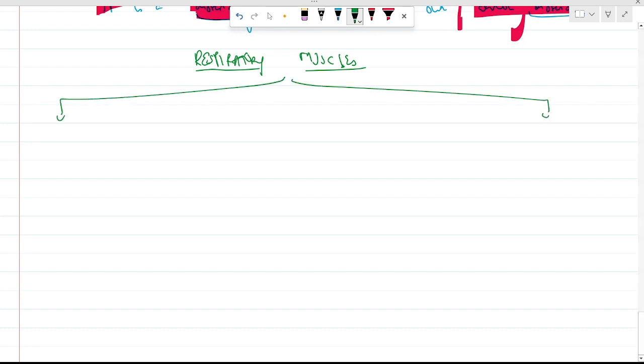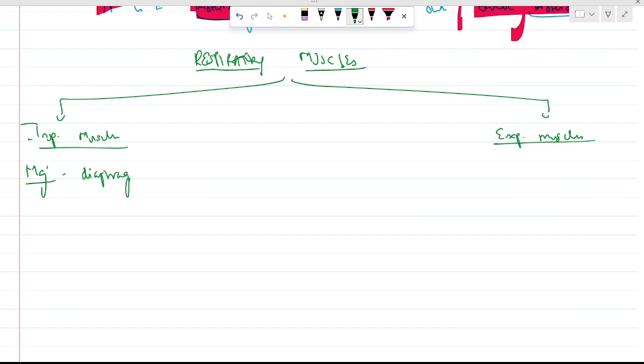So we have inspiratory muscles on this side and expiratory muscles on this side. The major inspiratory muscle is always the diaphragm. Whatever muscle you remember or don't remember, the major inspiratory muscle is always the diaphragm. You have to remember it.